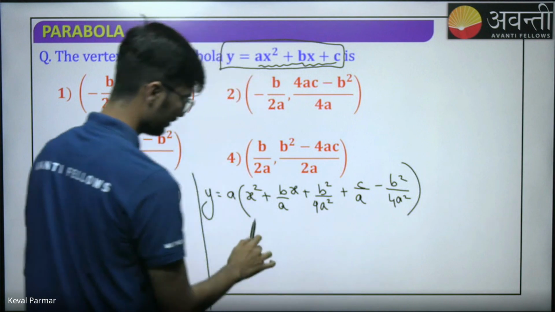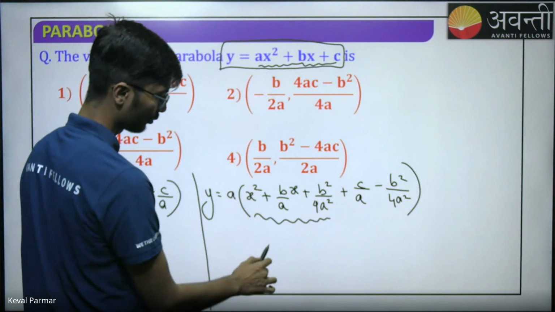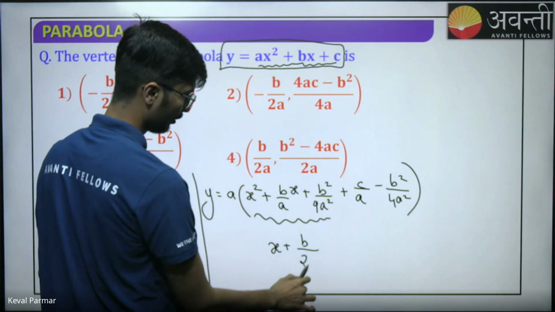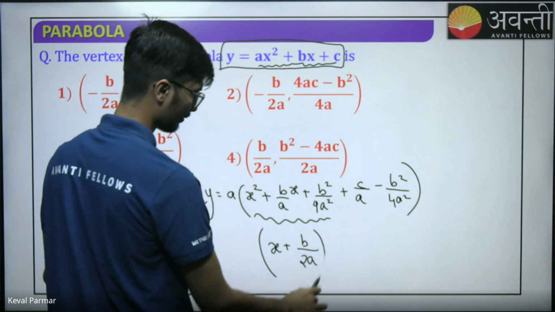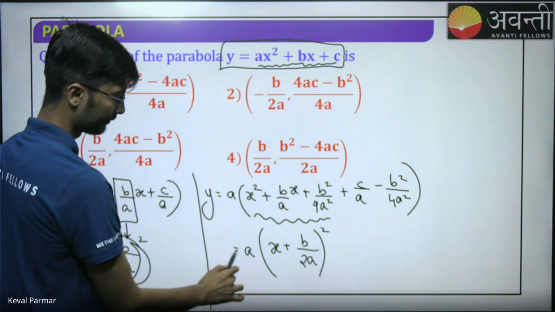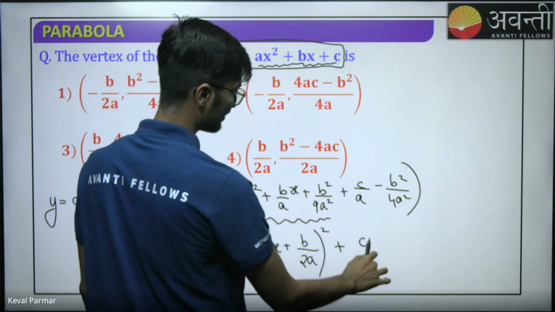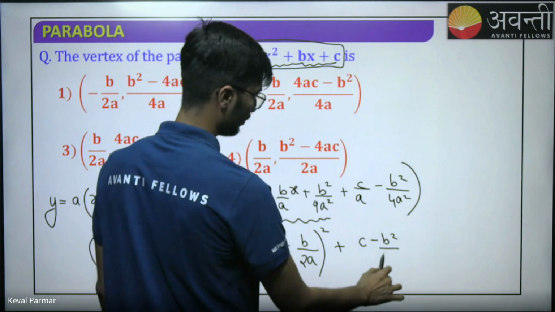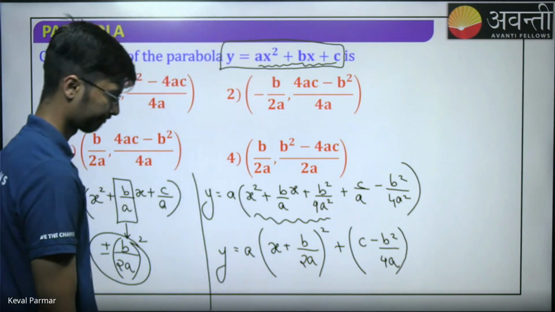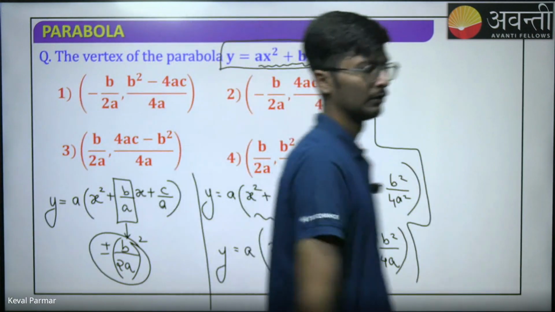Now if you see this, this is a perfect square, which is x plus b upon 2a, the whole square. If I multiply with a, I'll get this. And if I multiply with a here, I'll get plus c minus b square upon 4a, right? So what do we have now?